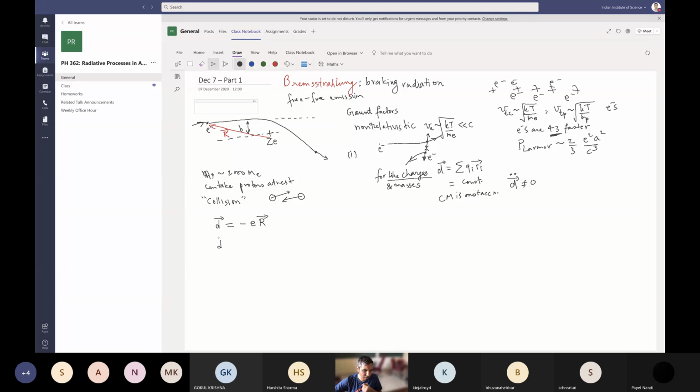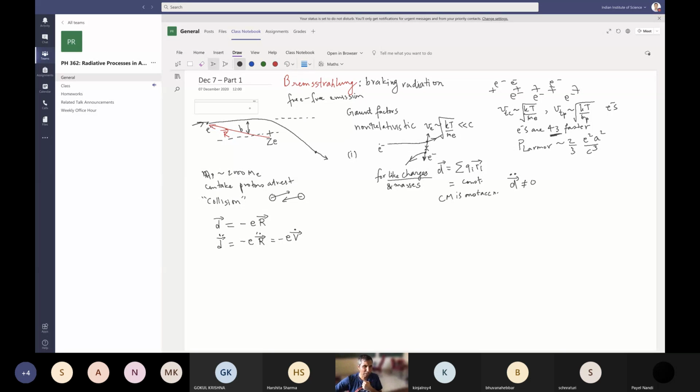So what is d double dot? d double dot is this acceleration term, which is very, very important for radiation. This is equal to minus e r double dot, which is nothing but minus e v dot. If v is the electron's velocity and r is the electron's coordinate, this is the double derivative of your dipole.